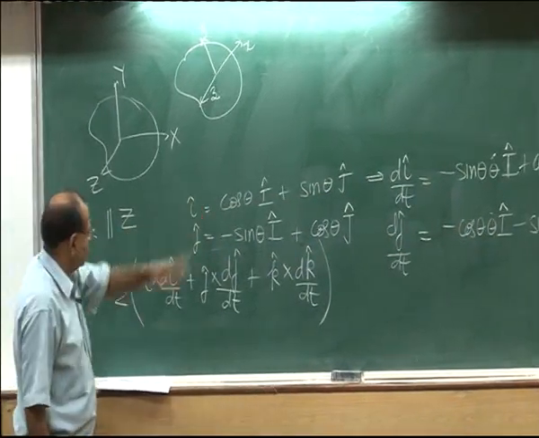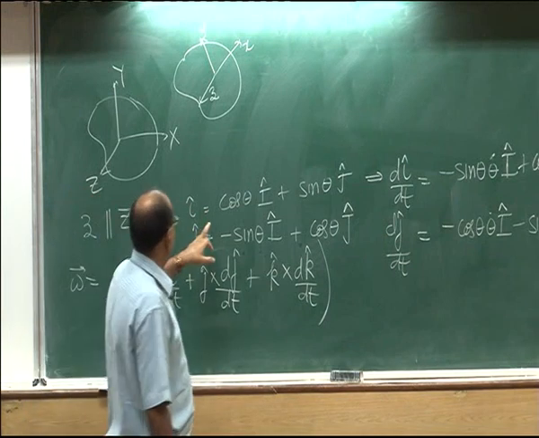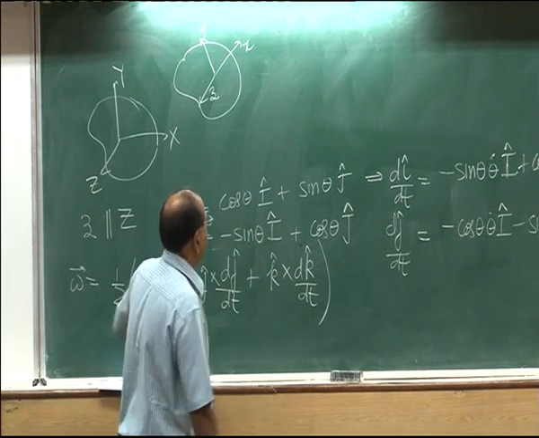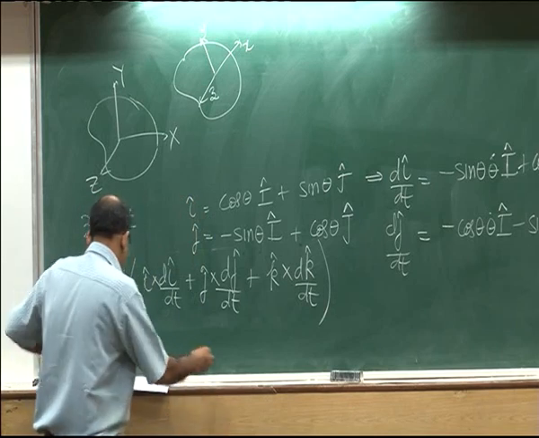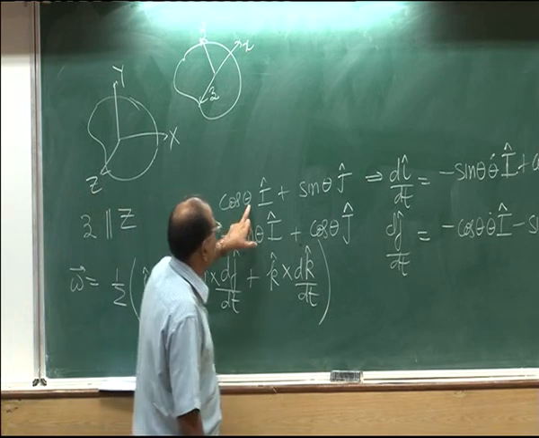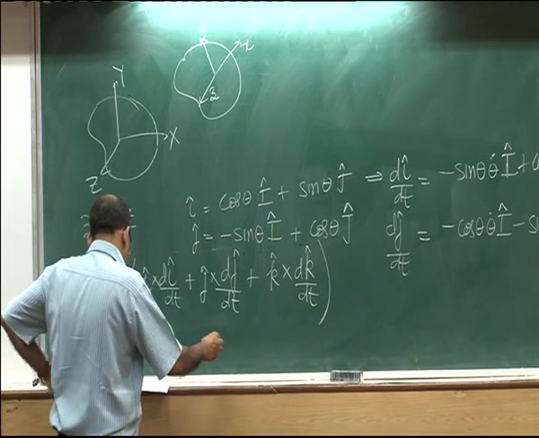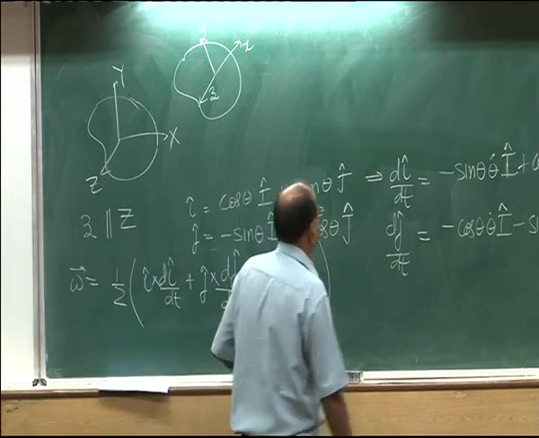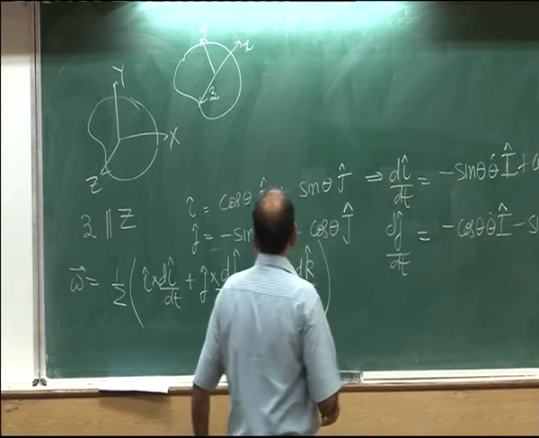So when I do i cross di by dt, what do I get? So i cross with di by dt, let's do that. In this case i cross i will give me 0. So what I will get is di by dt is equal to sin theta theta dot i.